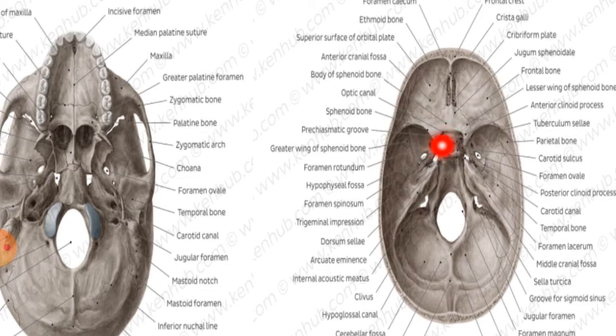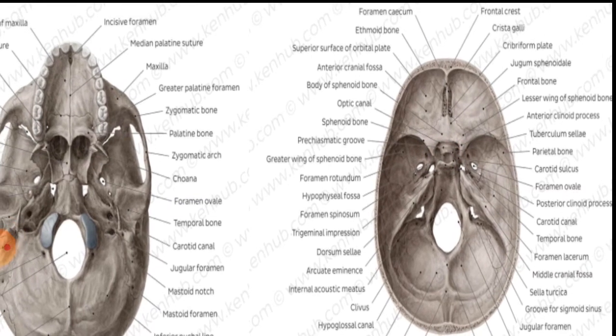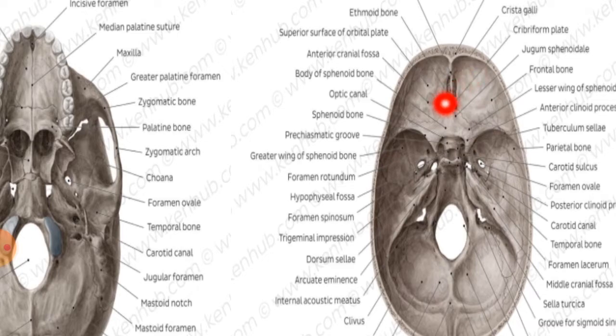This foramen or canal that you can appreciate here is the optic canal, from where the optic nerve passes. This is the cribriform plate of the ethmoid bone, the horizontal plate of the ethmoid bone, and you can appreciate small holes in it from where the olfactory nerve passes from the nasal cavity into the brain.